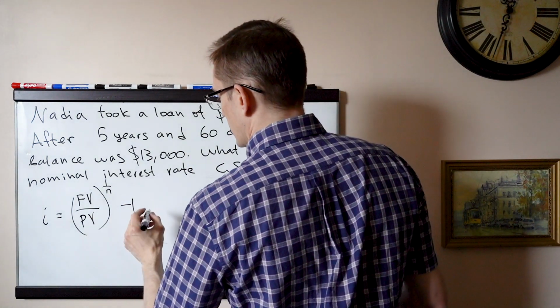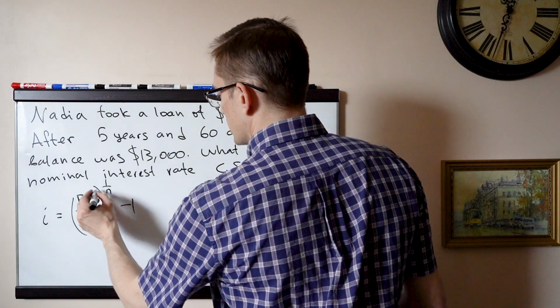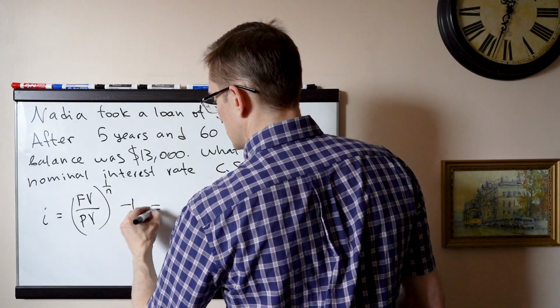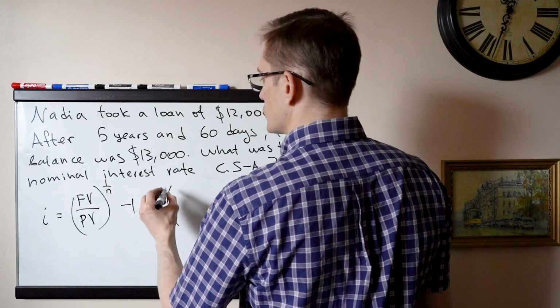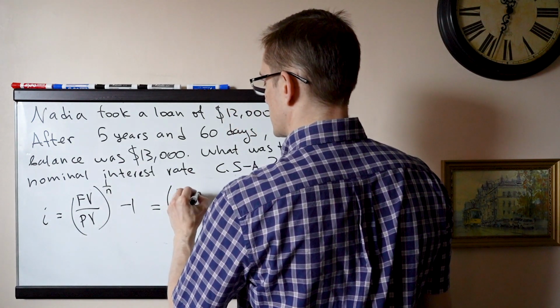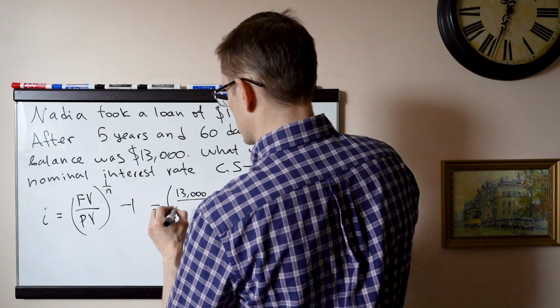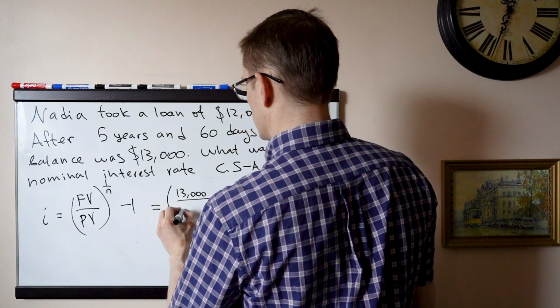So let me put values in. Future value is 13,000, divided by present value, which is 12,000.